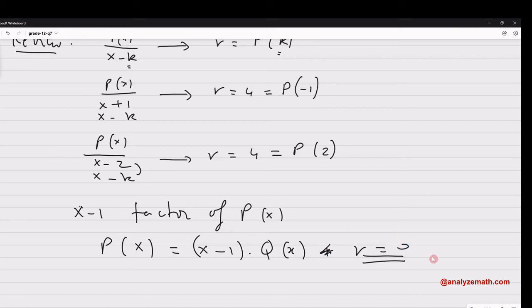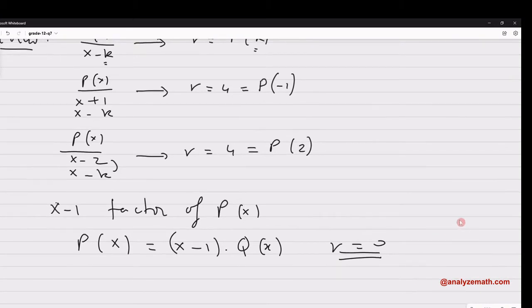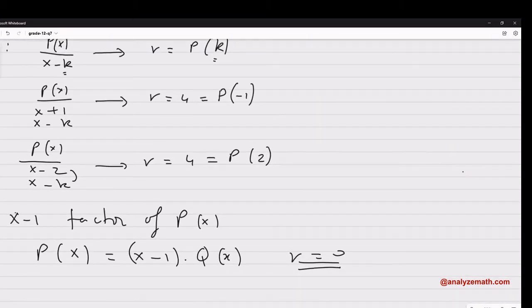This is very important. Factoring has to do with remainder equal to 0. So the remainder is equal to 0 when you divide p of x by the factor x minus 1.